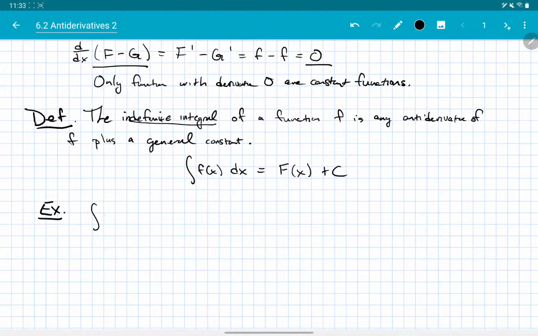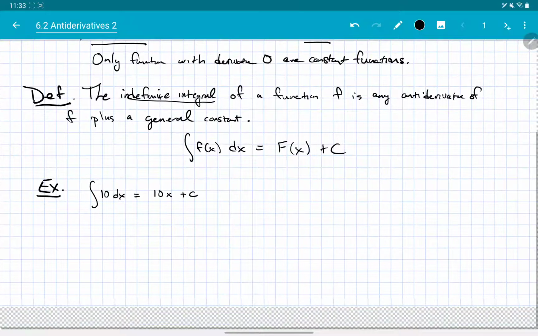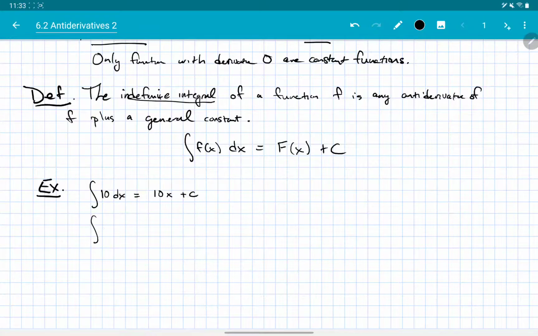The indefinite integral of 10 dx is 10x plus C. The indefinite integral of k, a constant, dx is kx plus C. The indefinite integral of x dx.